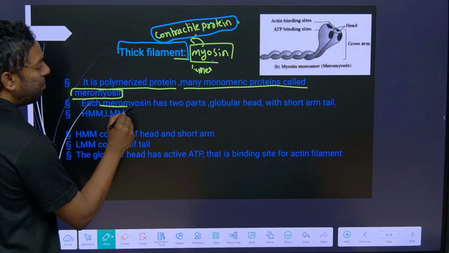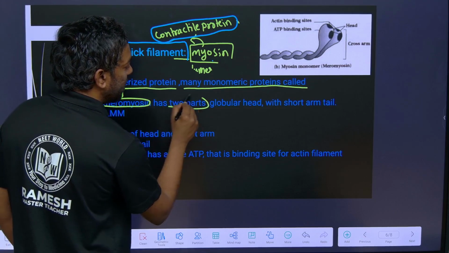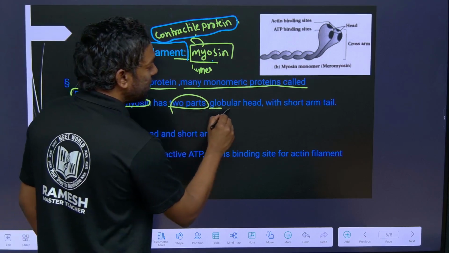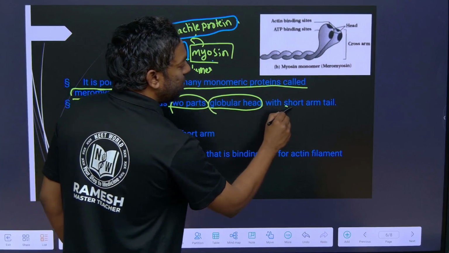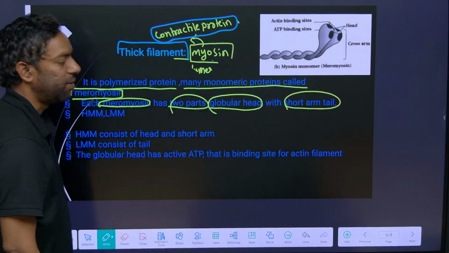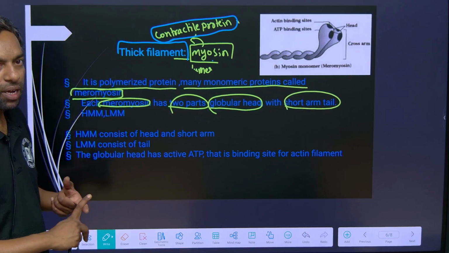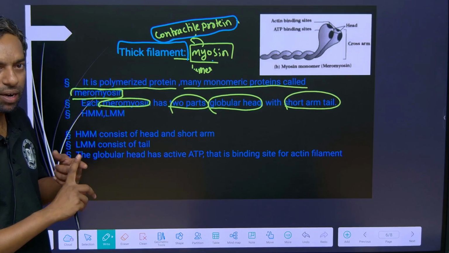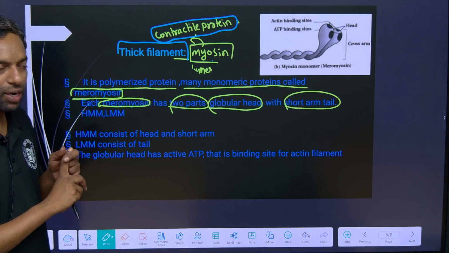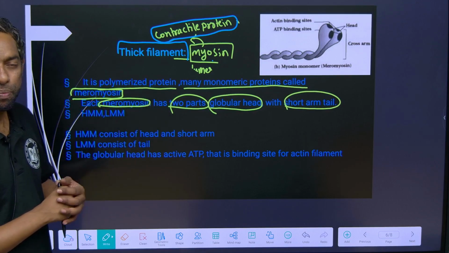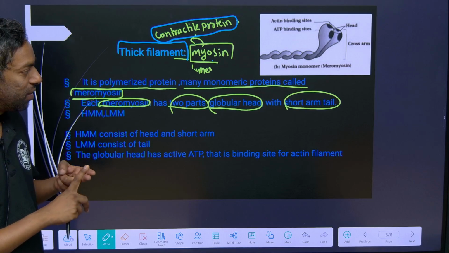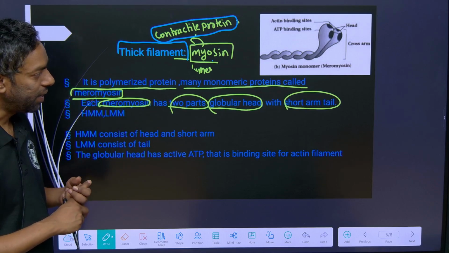Each meromyosin has two parts, guys. One is the globular head, and the other is the short arm and tail.